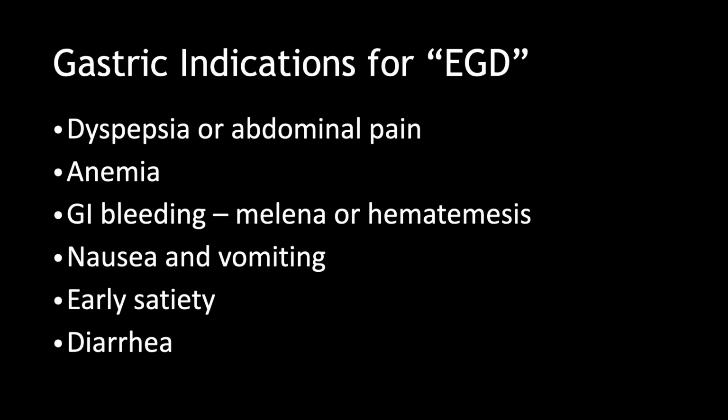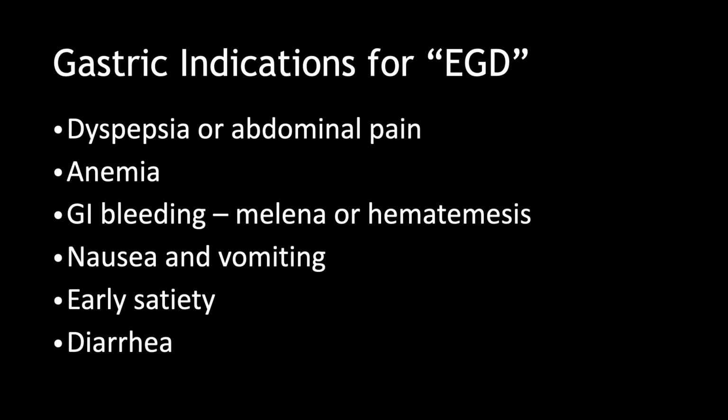GI bleeding can, in addition to being classified as overt or occult, also be classified as obscure, meaning you have done a thorough evaluation with an EGD procedure, a colonoscopy, maybe a capsule endoscopy. However, you're not able to identify the source of the bleeding, and this is considered obscure GI bleeding.